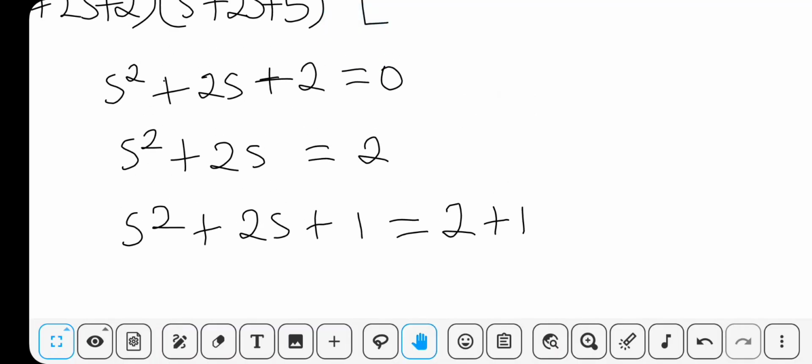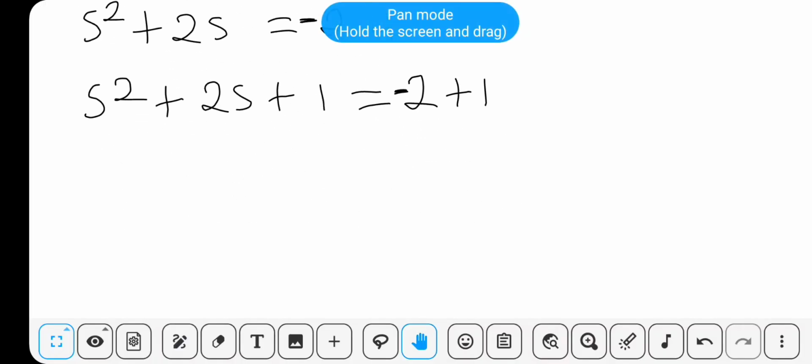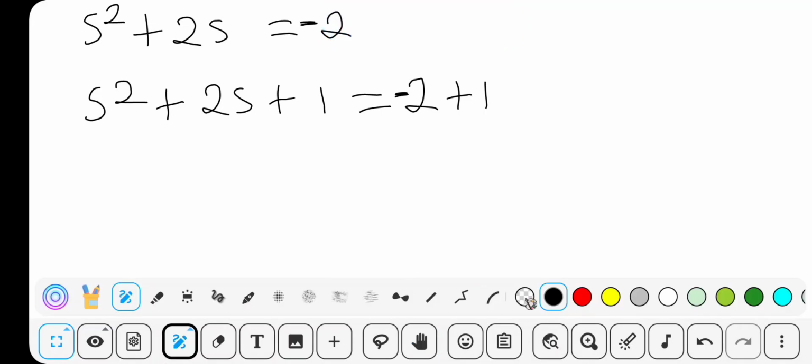Sorry, this will be minus 2. Sorry about that mistake. So from the left hand side, we can see that it can be factored. You can factorize it.